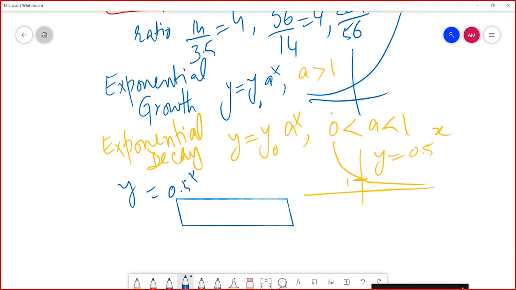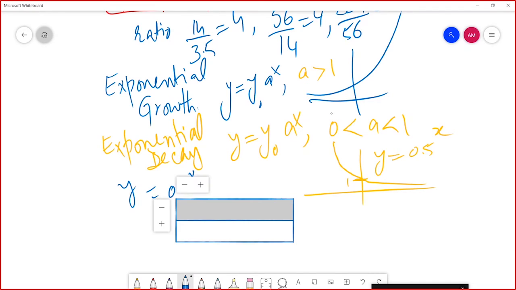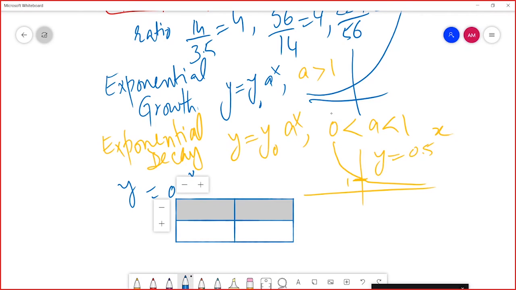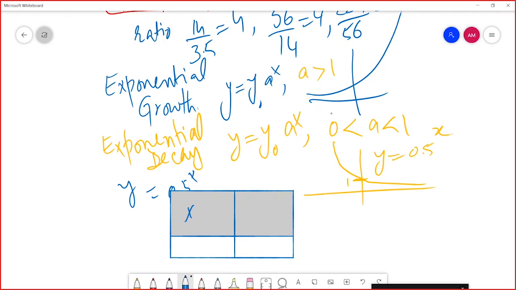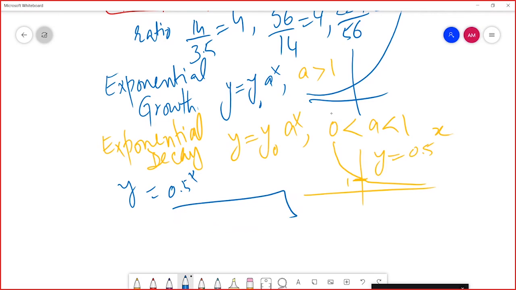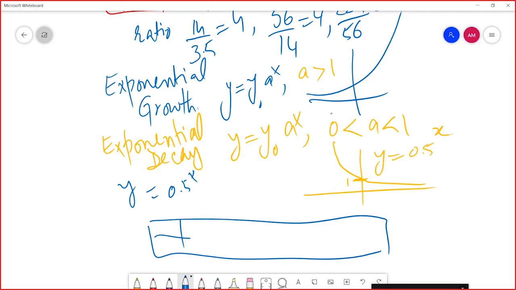So here is x and y. You already know that at 0 it is 1, right? At 1 it would be 0.5.